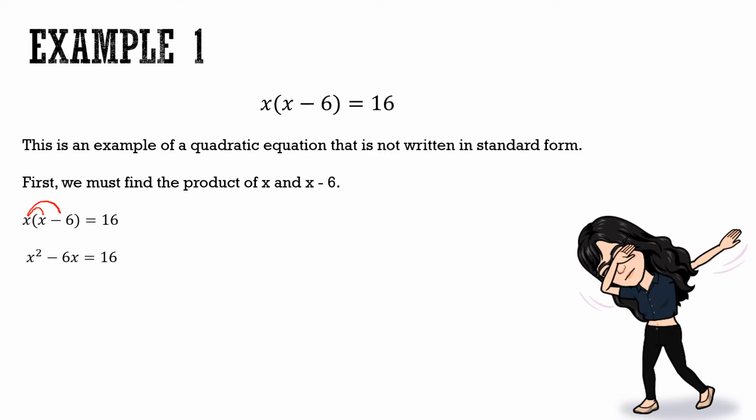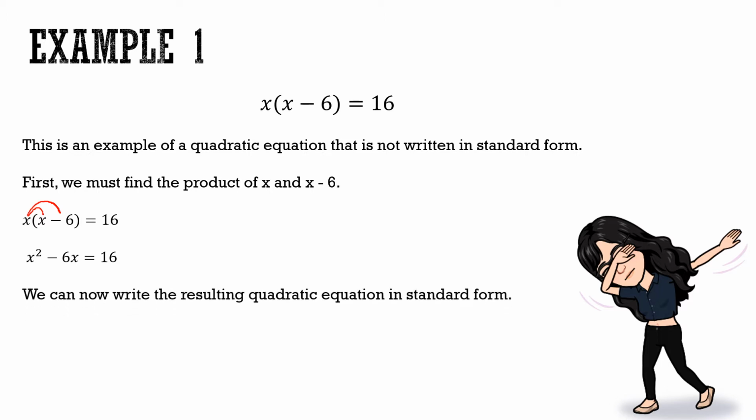Since the given quadratic equation is not in the standard form, let's write it in the standard form. By means of the addition property of equality, we will be adding both sides of the equation by negative 16. That's why the result is x squared minus 6x minus 16 equals 0.